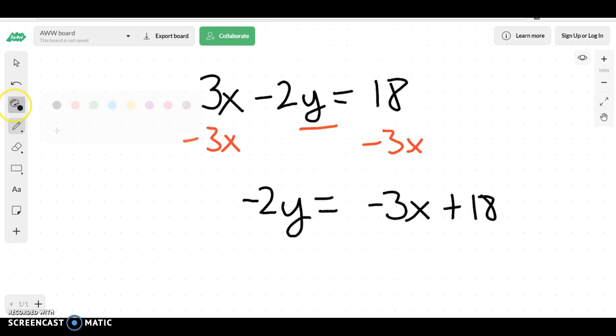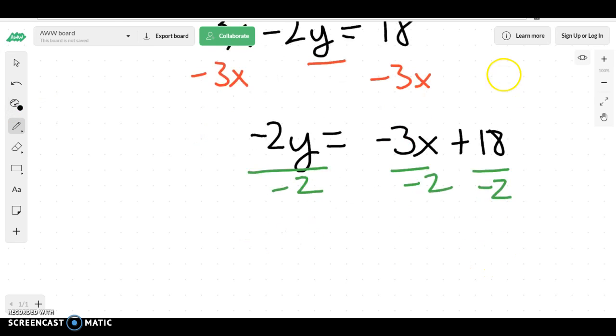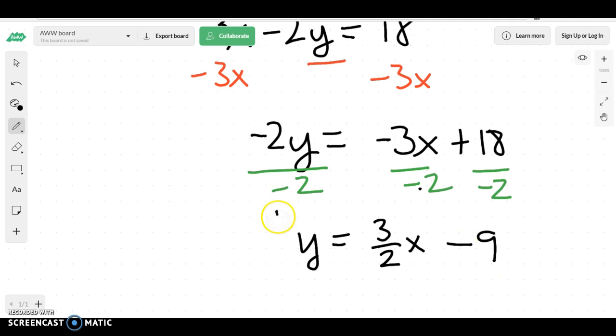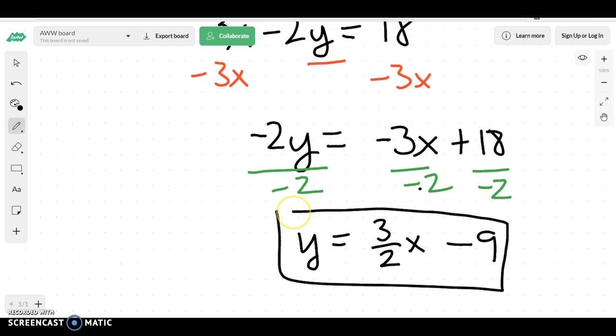So when I divide by that -2, I'm going to end up getting y equals, well, a negative and a negative makes a positive. And then 18 divided by -2 would give me -9. And that would be my answer.